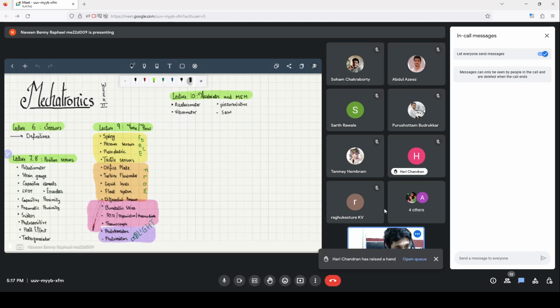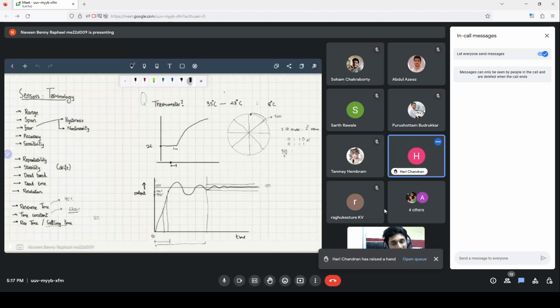Am I speaking too fast? Here I have that rise time and response time. Response time is when the output reaches 95 percent. Is it correct?